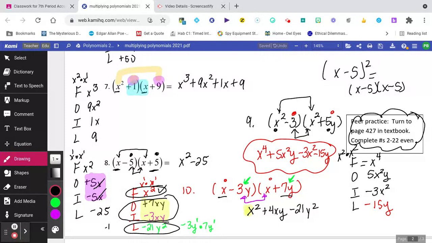And then you can use double distribution or FOIL because it's a binomial times a binomial, okay? Just making sure I got them all. I think we'll be okay with 2 through 22 even. I just want to make sure you have one of each type.